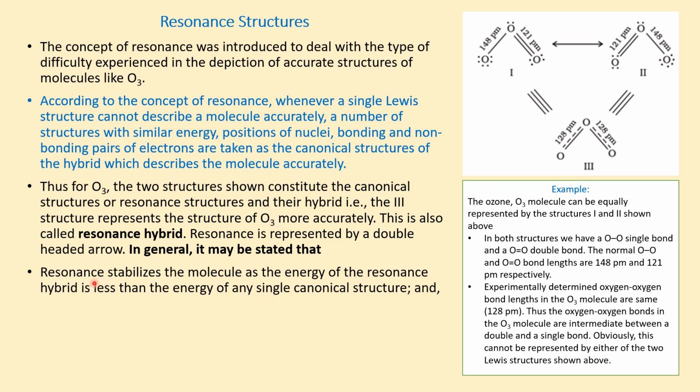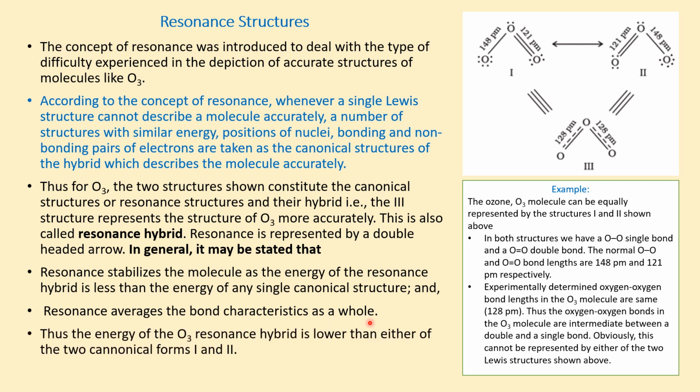So, to repeat, resonance stabilizes the molecule as the energy of the resonance hybrid is less than the energy of any single canonical structure, and resonance averages the bond characteristics as a whole. Thus, the energy of O3 resonance hybrid is lower than that of either of the two canonical forms 1 and 2.